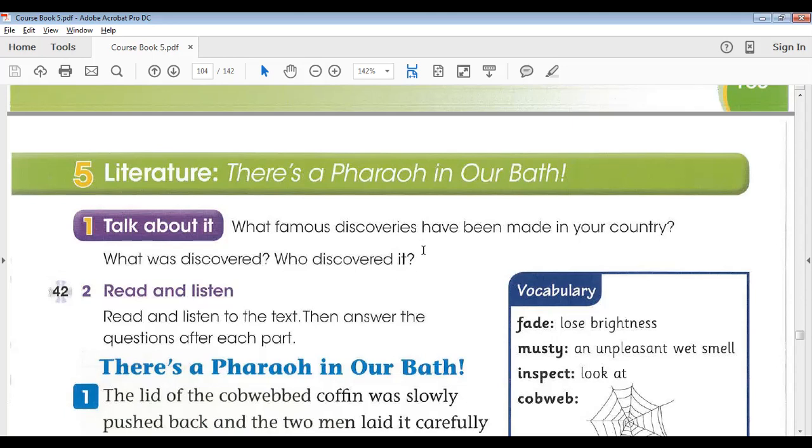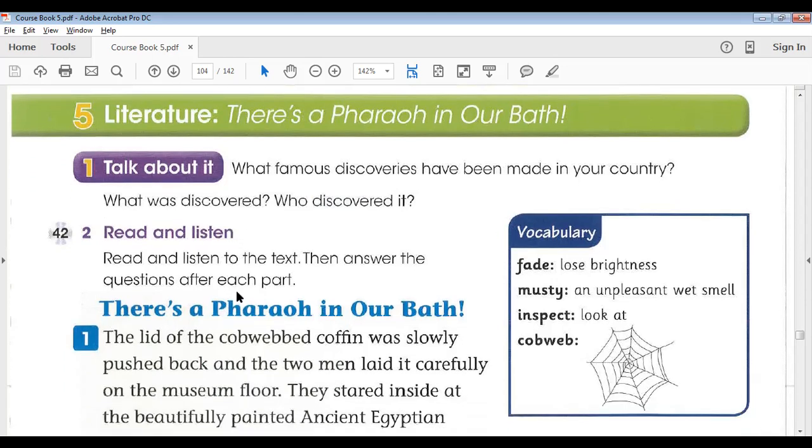So they said that the famous or important discoveries in their country are mostly about the energy sector. The government is working really hard to find new petrol resources.